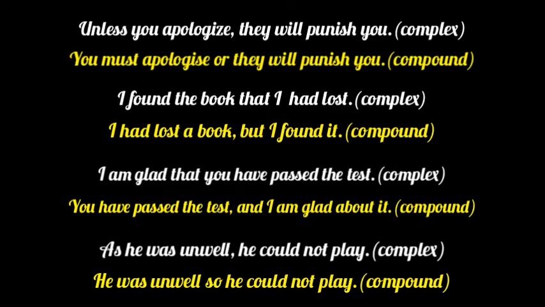This subordinate clause is also changed into a coordinate clause, he was unwell, using the coordinating conjunction so in the compound sentence. So the complex sentence, as he was unwell, he could not play, is transformed as the compound sentence, he was unwell, so he could not play.